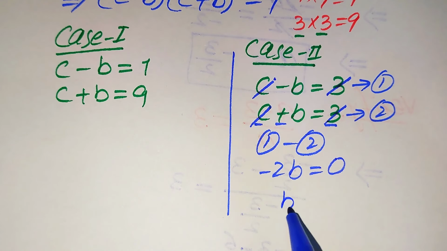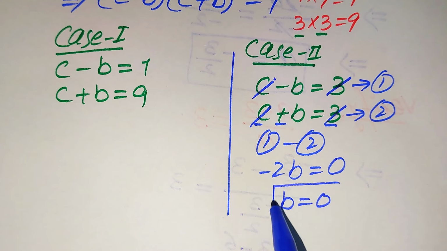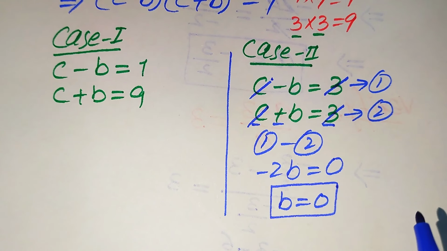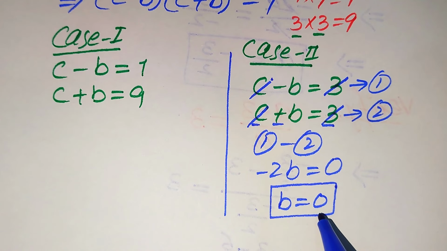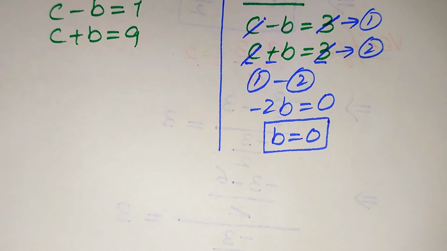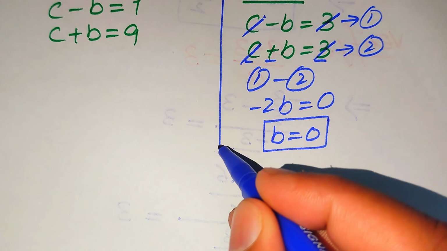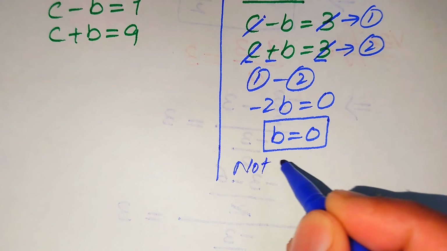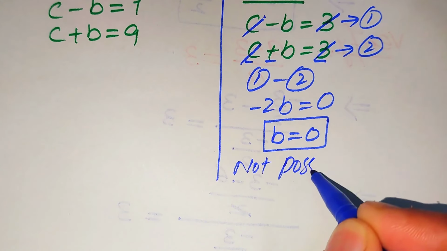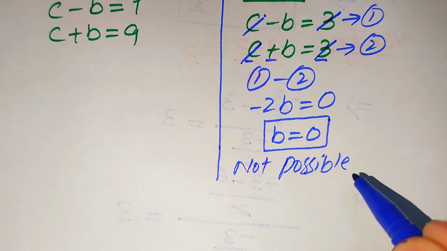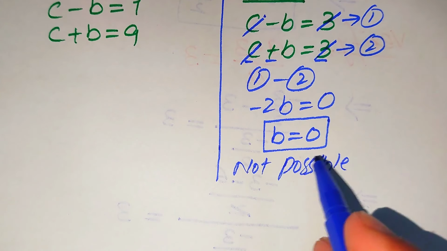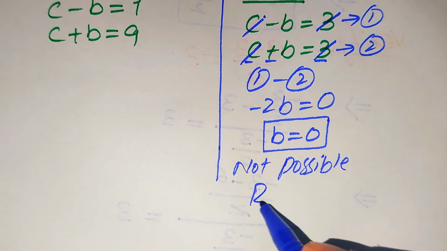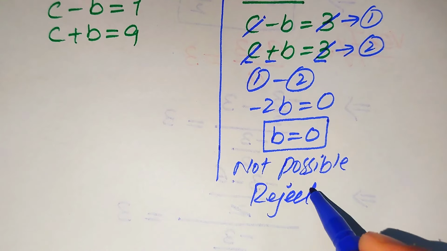So in the second case we get b equals 0. Here b is the perpendicular side of the given triangle, and it cannot be 0, because a side length of a triangle cannot be 0. So b equals 0 is not possible, and we reject this case.